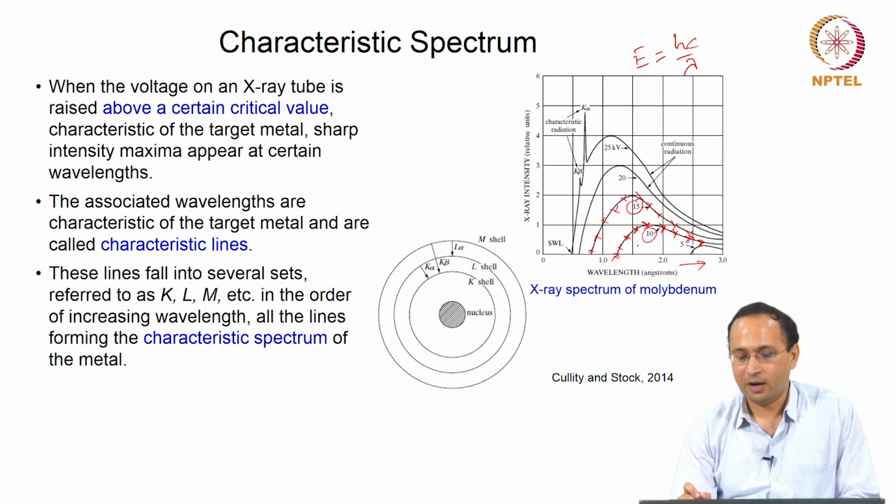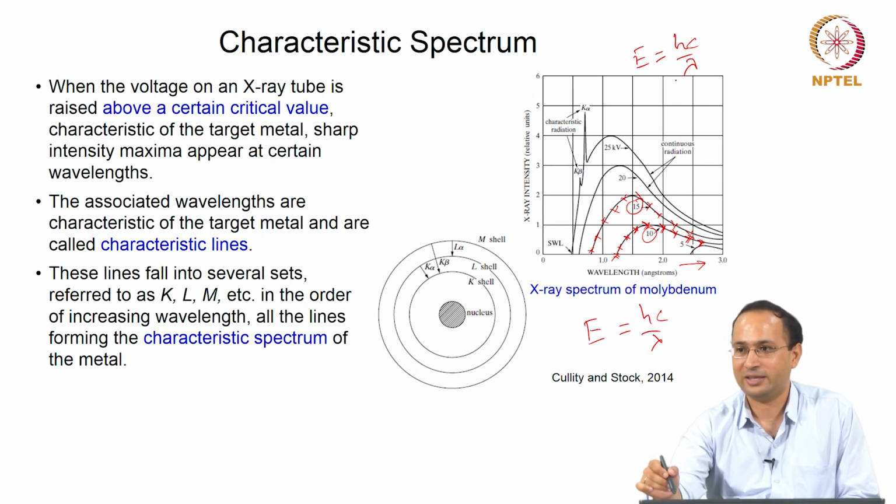The curve is similar, the only thing is it has shifted towards left because we have more energy. You are supplying more energy, so your lambda will be smaller. You can refer to the relationship E equals hc over lambda. If you have more energy, lambda is shorter.